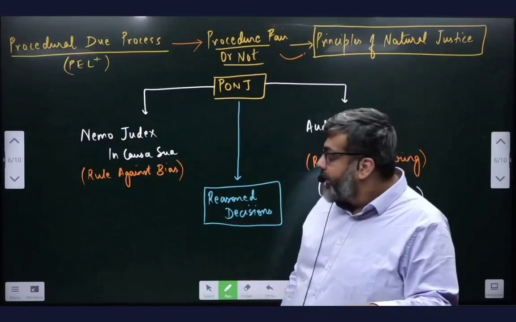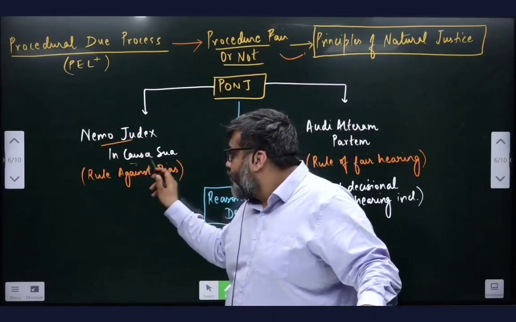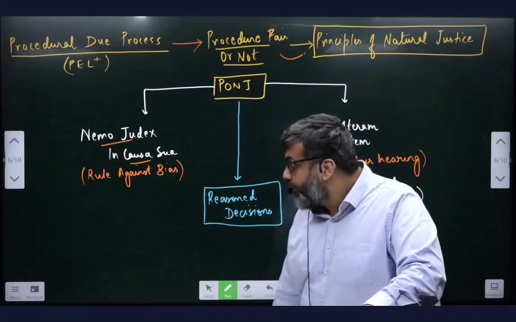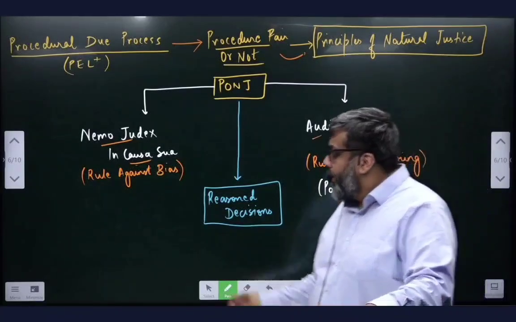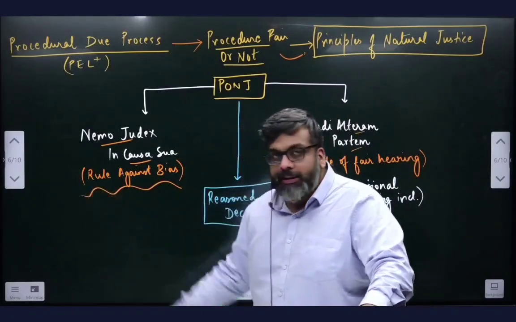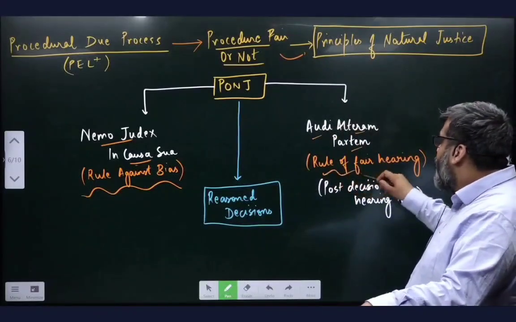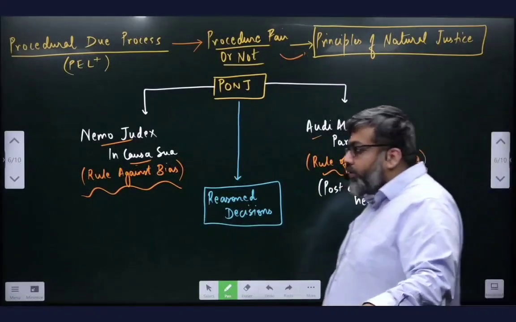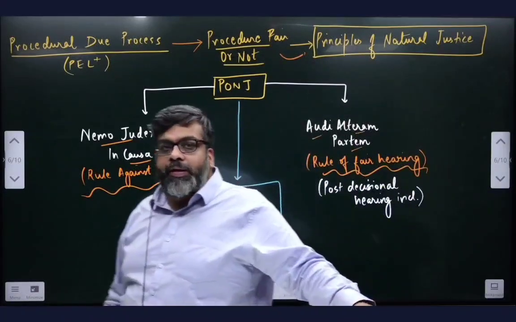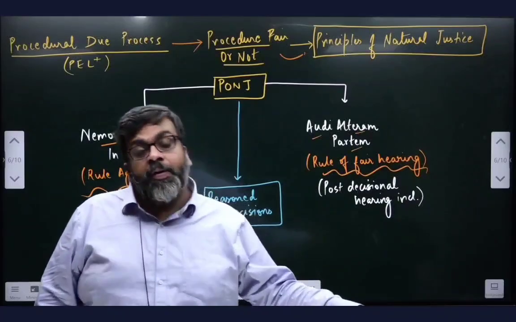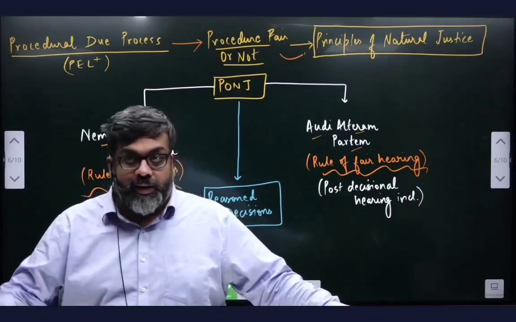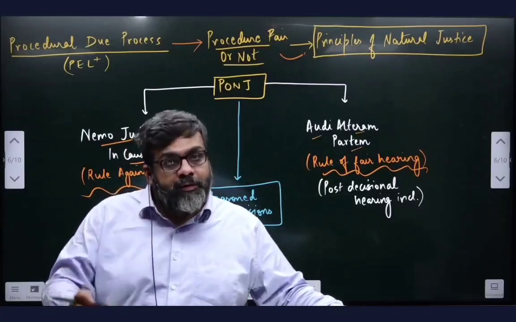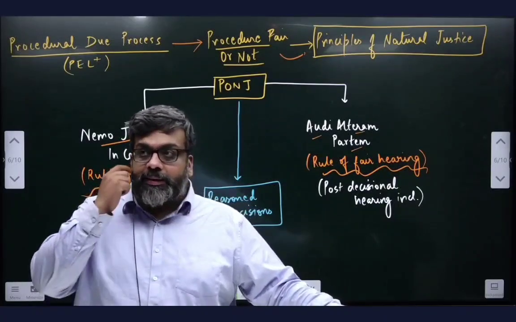Now there are two Latin terms, nemo judex in causa sua and audi alteram partem. It simply means rule against bias and the rule of a fair hearing. So if there is any conflict of interest in any form, that could be favoritism, a positive bias, or a negative bias.